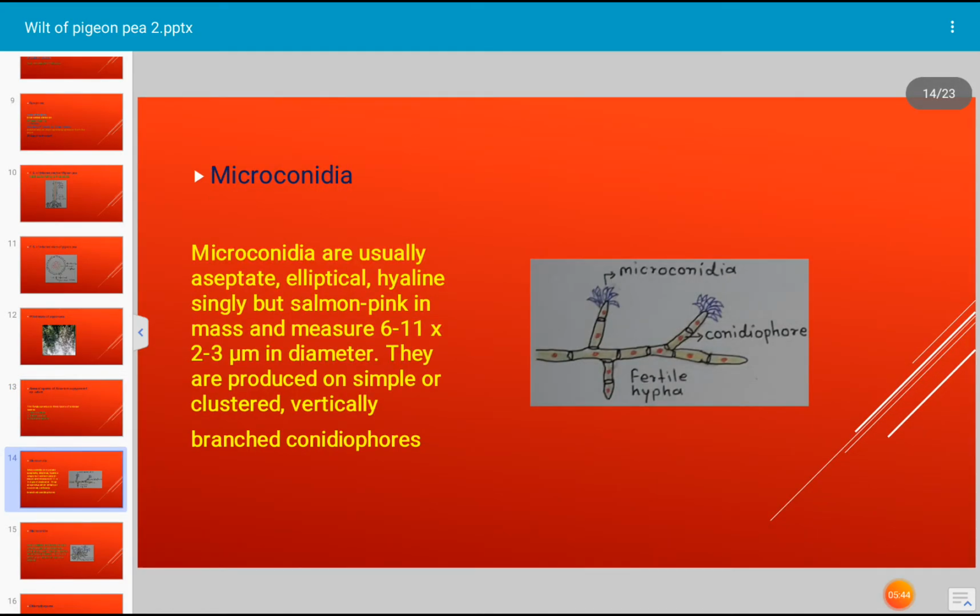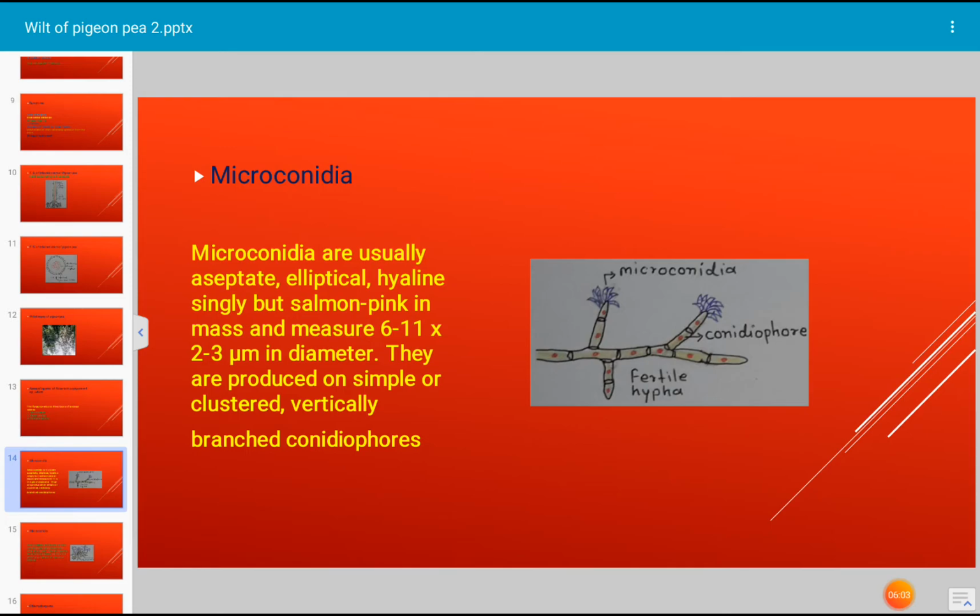This is the Microconidia. The fungus does not produce conidiophores. The fertile hyphae produce Microconidia at their tips in the presence of favorable environmental conditions and enough food material.